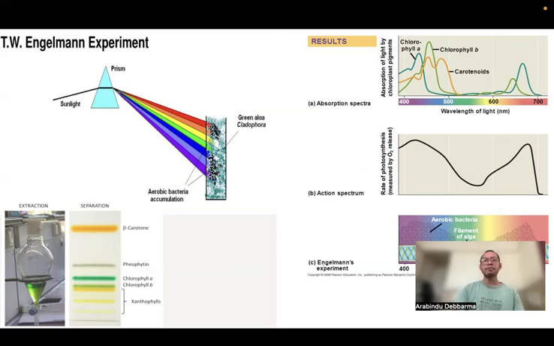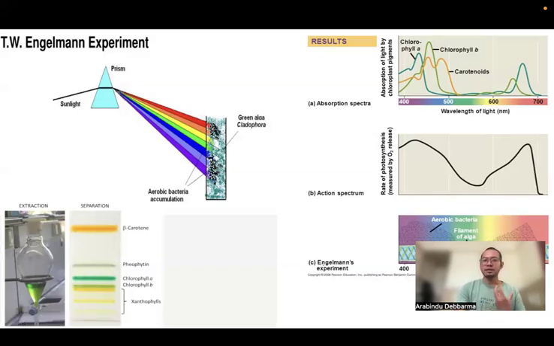So in this experiment, what Engelmann did was split the sunlight into rainbow colors, where exposing it to a prism separates it into red, orange, yellow, green, blue, purple, etc. He used a Cladophora plant to check for photosynthesis, together with autotrophic or photosynthetic bacteria.